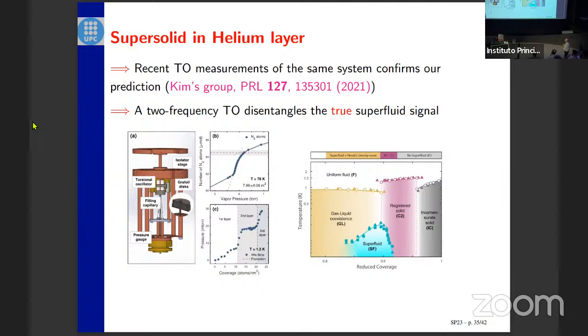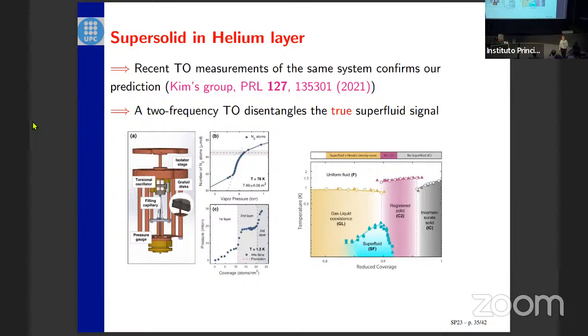They claim they were not sure if it is a registered phase or not, but that they were able to see a superfluid here, which is exactly at the density of the 7/12. So probably there are some phases in helium absorbed on graphite which are supersolids.